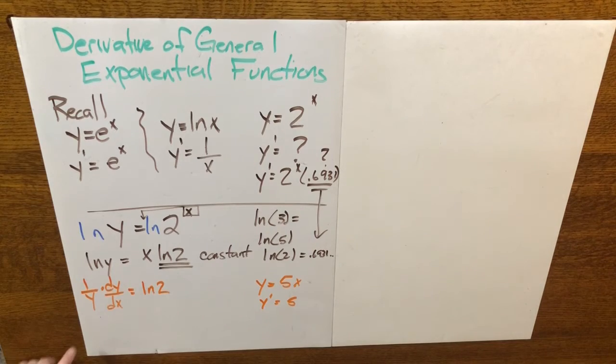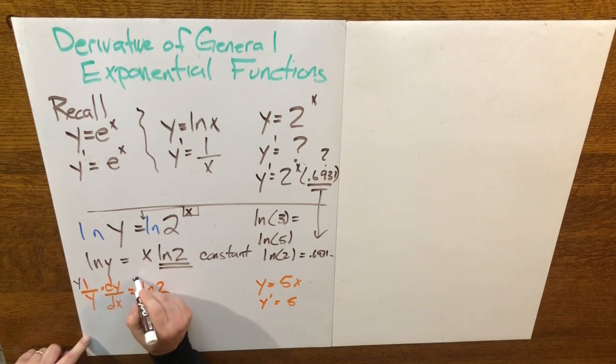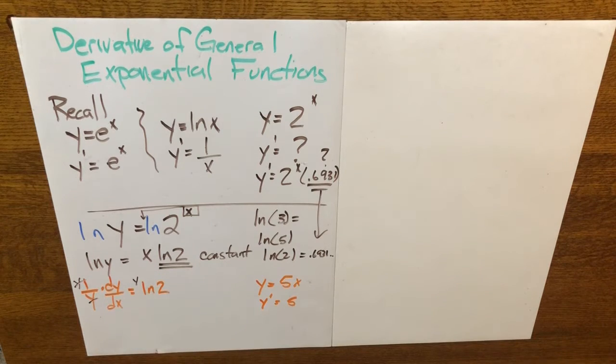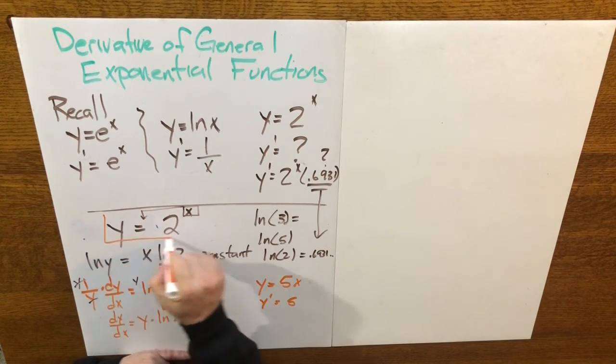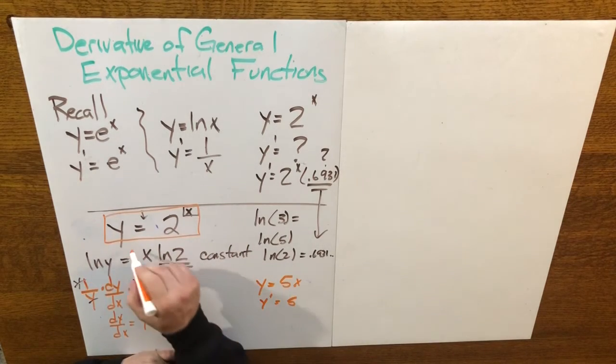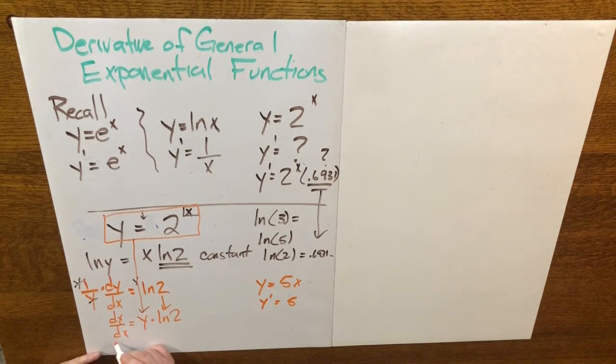We're going to multiply both sides by y so that we can cancel this y off with this y. And you're left with dy over dx equals y times this constant ln 2. Well, if you remember right from the start, y is equal to 2 to the x. So we'll substitute that in here to get our final derivative, dy over dx equals 2 to the x times some constant, not a nice one, ln 2.